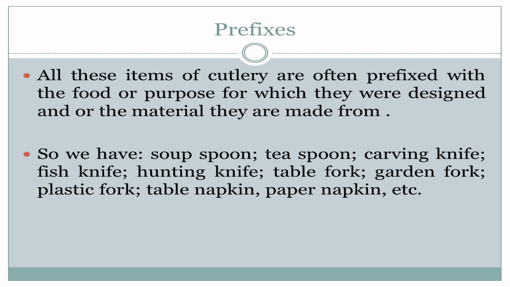Now, because we have many different kinds of knives, forks and spoons, you'll often hear the words knife, fork, spoon used with another word to describe what that item is used for. So we might get a fish knife, a steak knife, a soup spoon, a teaspoon. So listen for the other words as well as the words you've learnt today.